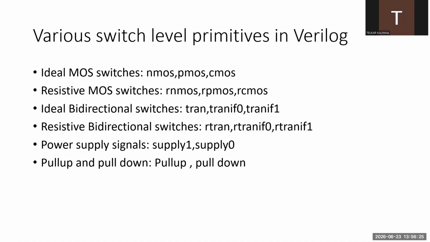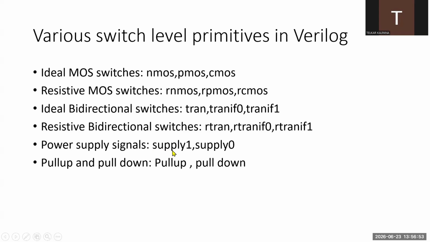So these bidirectional switches are TRAN, TRANIF0, and TRANIF1. And resistive bidirectional switches can also be used. We can instantiate those resistive bidirectional switches as RTRAN, RTRANIF0 or RTRANIF1.